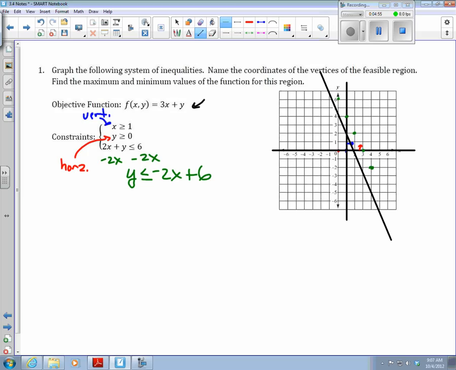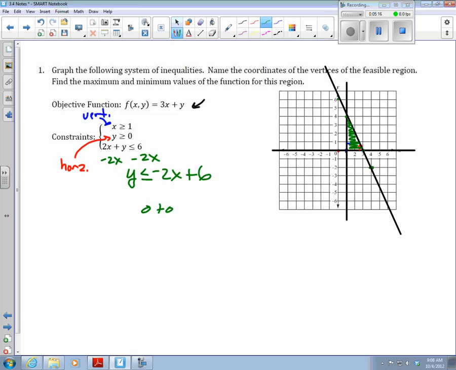See if I can get it just right. There we go. And I'm going to shade towards 0, 0, because I'm assuming this is my feasible region right here. 0 plus 0 is less than or equal to 6. That's my checkpoint. And yes, 0 is less than 6, so I shade towards 0, 0.